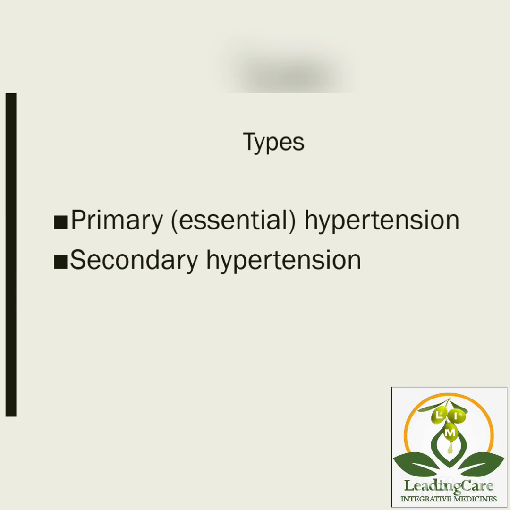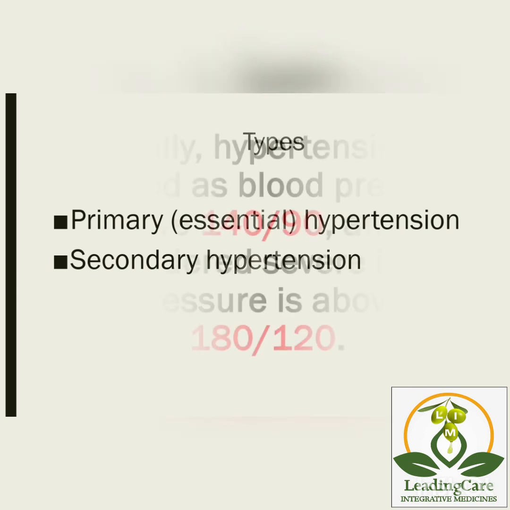The second type, secondary hypertension, is the type that has a specific cause. For instance, it is caused by heart damage, kidney damage, liver, spleen, and the likes. At times, it can also be a result of pregnancy. So these are the types of hypertension.